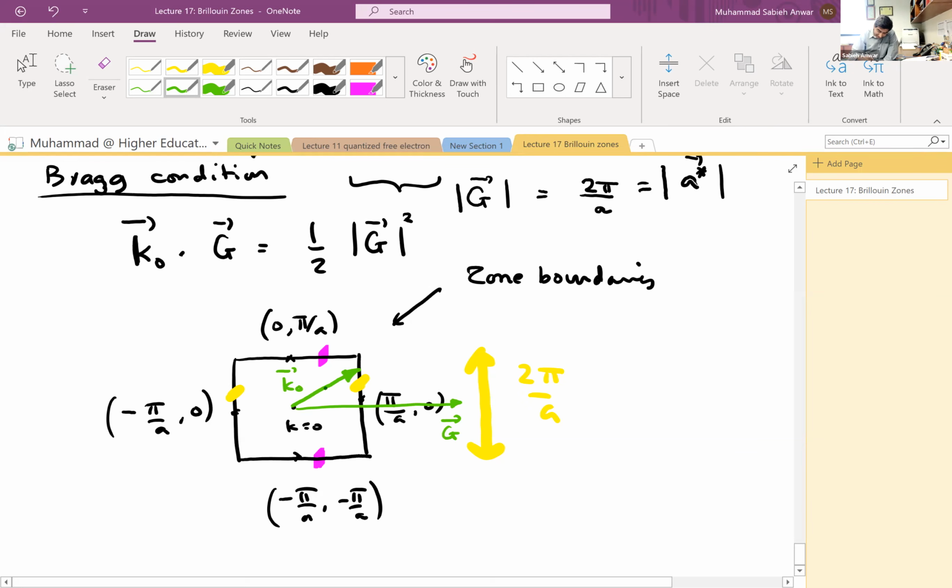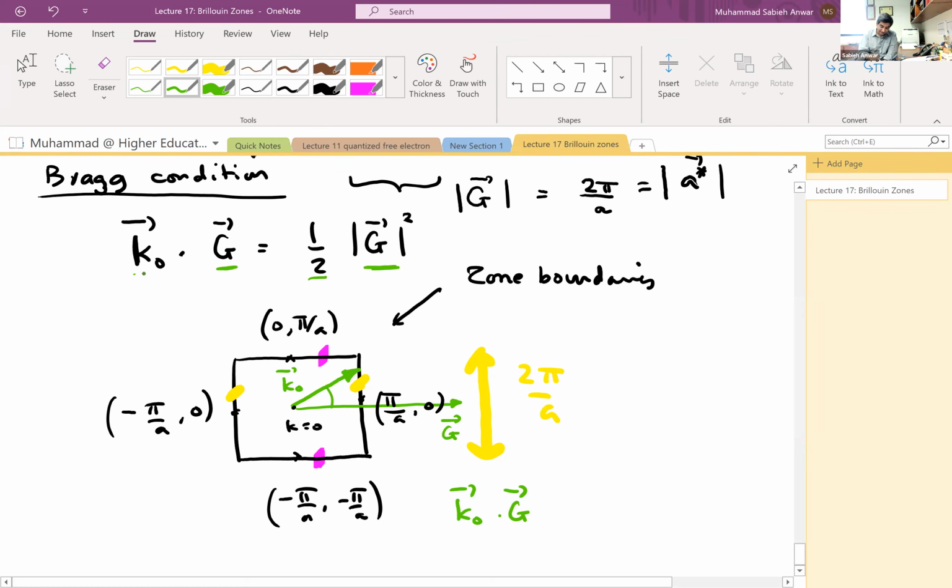So if I take the dot product of k naught with g, then that dot product is going to be half of the length of g squared, because you already have a g here and you need to normalize.